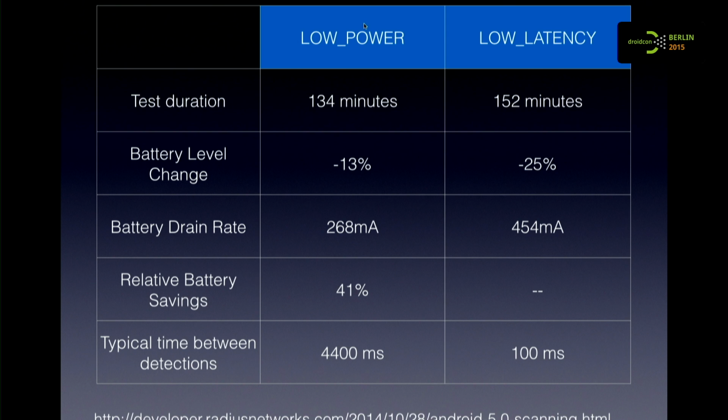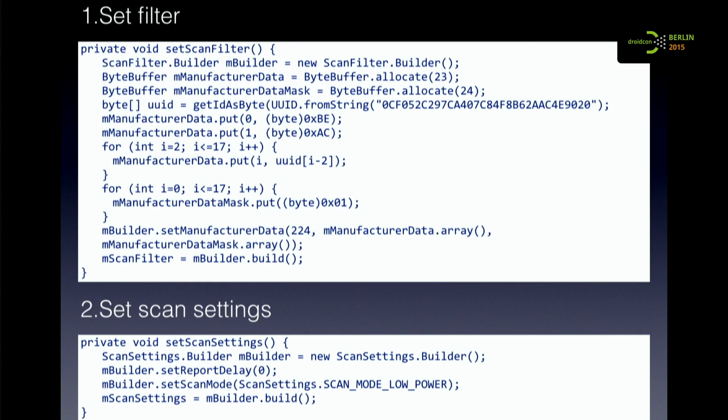You can see the typical time between detections: in low power it's 4.4 seconds, and in low latency it's 100 milliseconds. Based on this and on your purposes, you should select the mode.